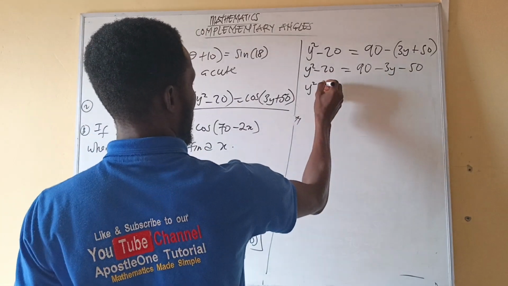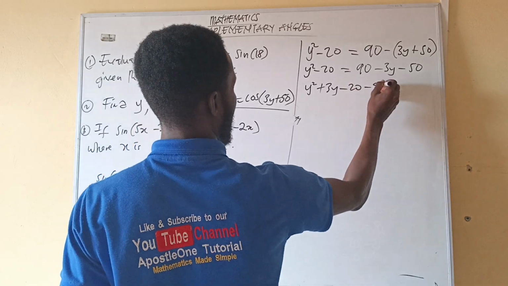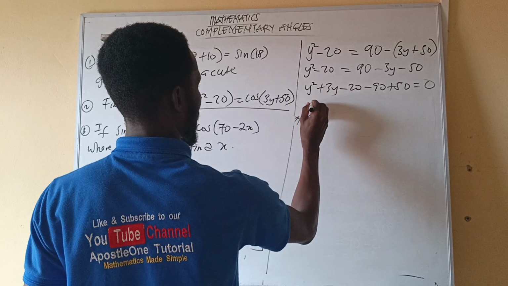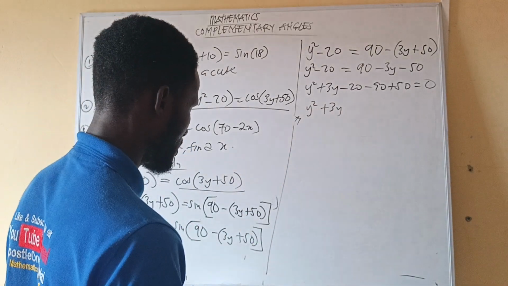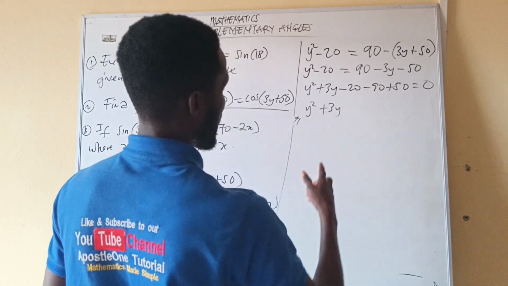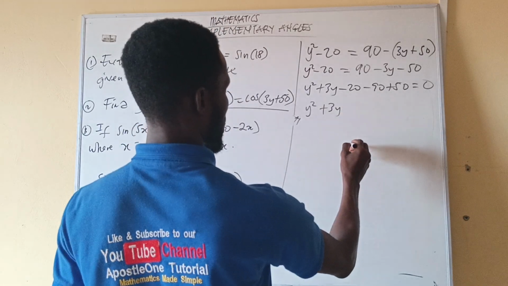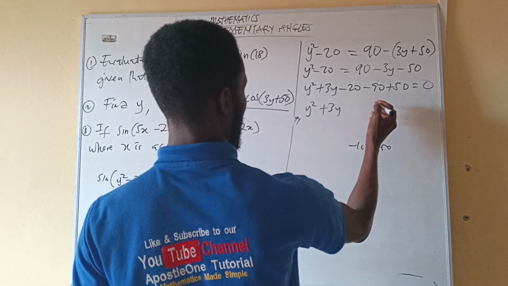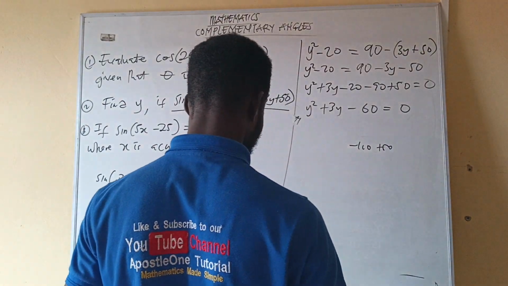I'll have y squared plus 3y. This is the method of grouping like terms. Now minus 20 minus 90 plus 50 is equal to 0. This minus 20 minus 90 will give us minus 110, plus 50, I'm going to get minus 60. So y squared plus 3y minus 60 is equal to 0.